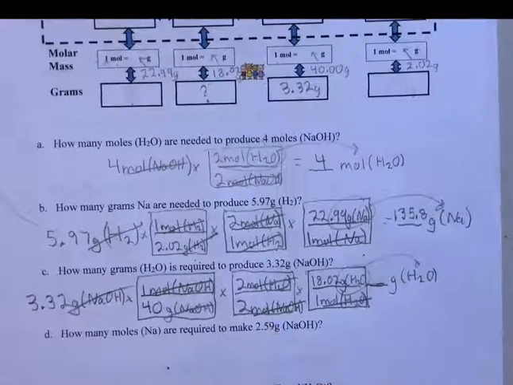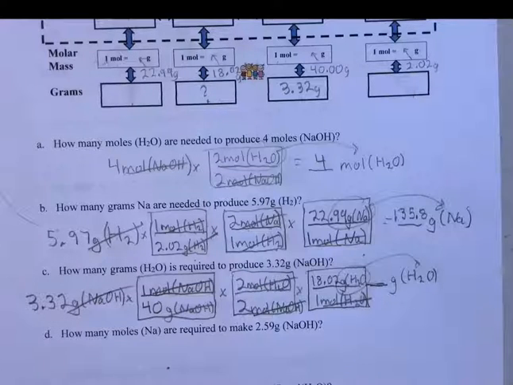So now you go through and you crunch the numbers. Everything on top multiplies, divide by everything on the bottom. So 3.32 times 1 times 2 times 18.02 divided by 1 divided by 2 divided by 40. And that will give us our answer.